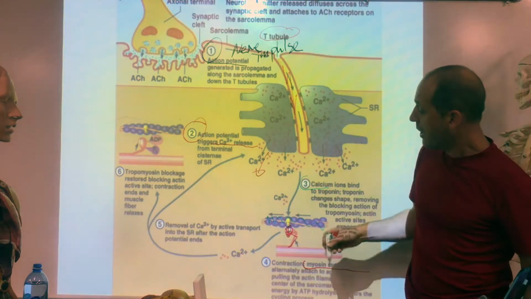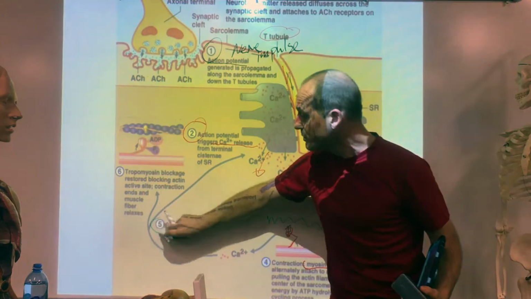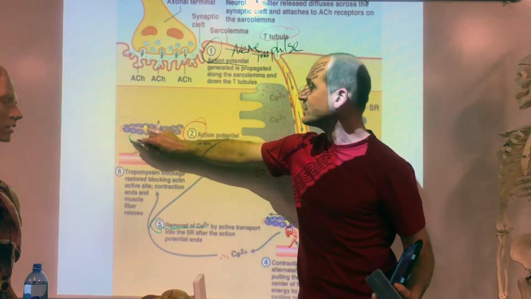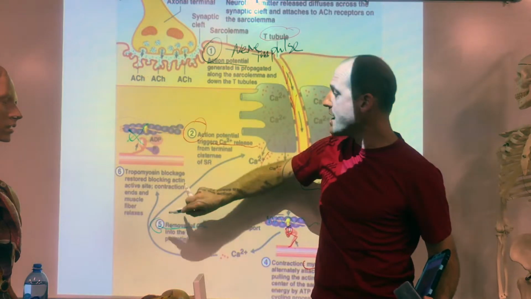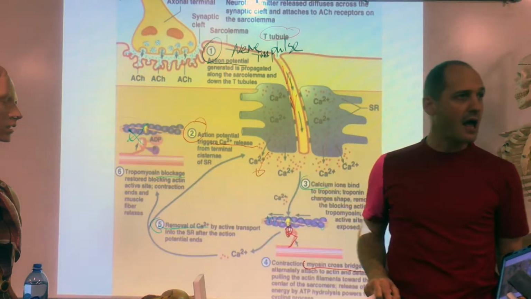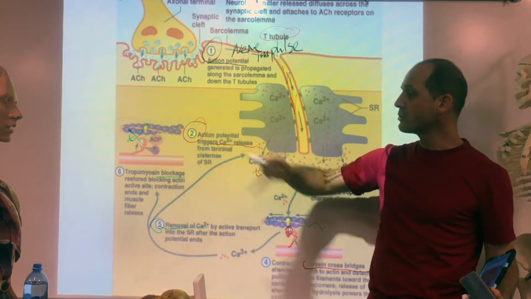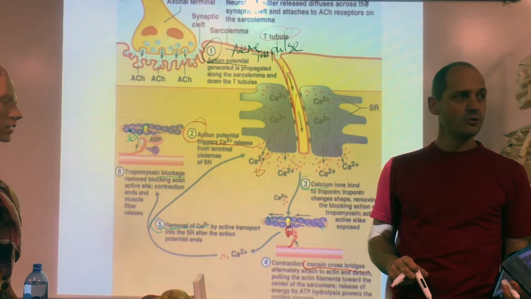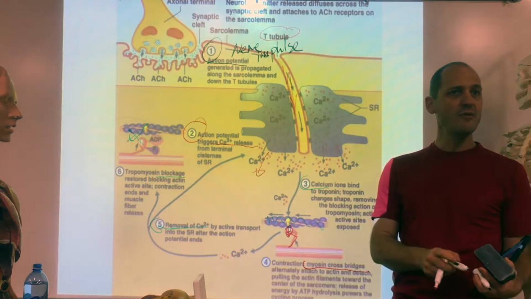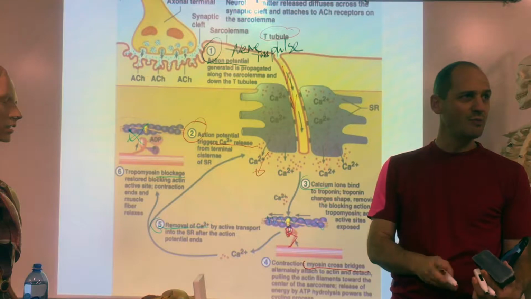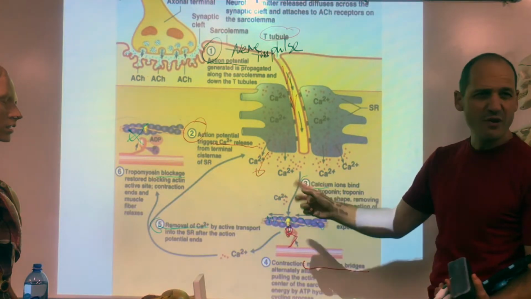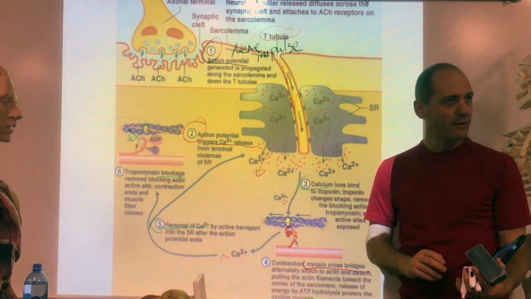And then as soon as the calcium is removed, these don't attach anymore, and we have blocking of the active site of the actin, and the muscle contraction stops. You just learned the sliding filament theory of muscle contraction. You can be proud of yourself. It's a very difficult one to understand. This and the nerve impulse are some of the harder ones to get.